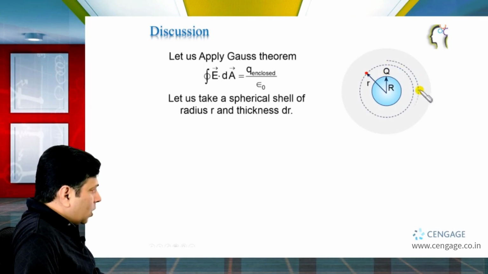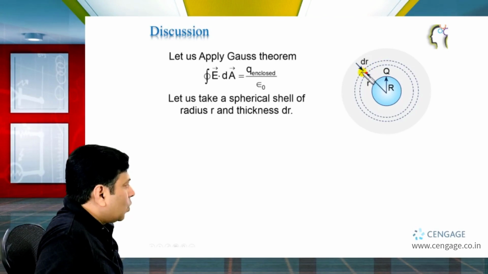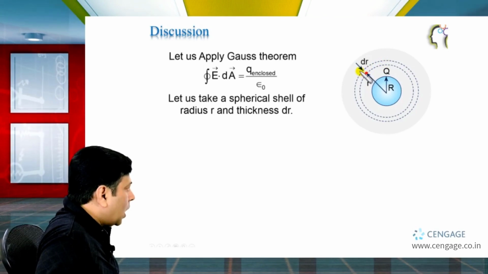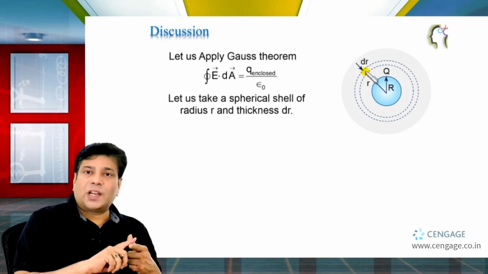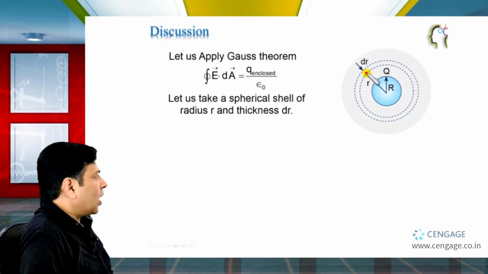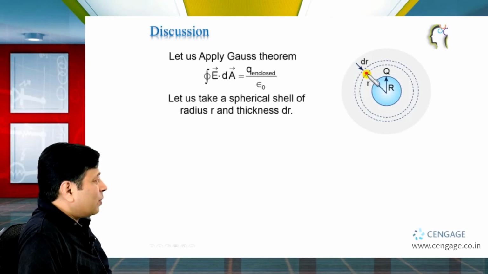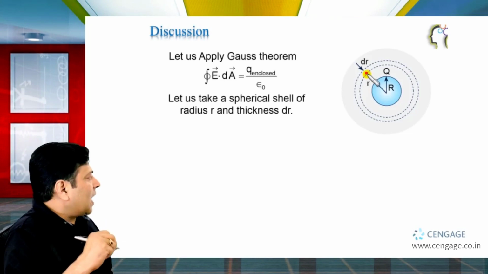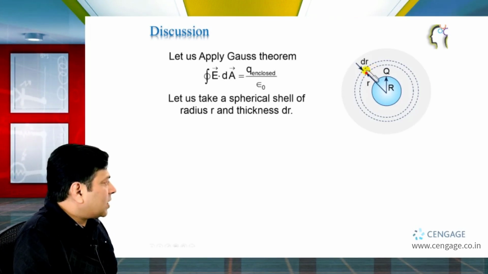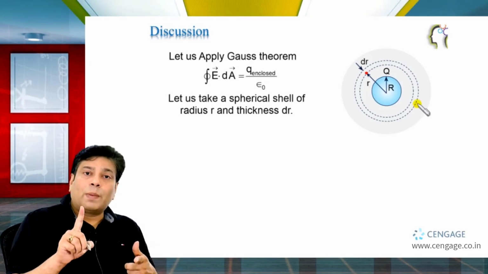The charge enclosed in this region from r to r plus dr should be equal to 4 pi r square multiplied by dr, because 4 pi r square is the surface area of the sphere of radius small r and the thickness is dr. That means the volume should be equal to 4 pi r square multiplied by dr. The charge density is alpha divided by r. That means the charge enclosed in this region should be equal to 4 pi r square dr multiplied by alpha divided by small r.